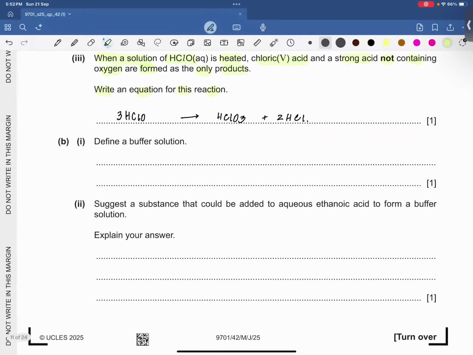Define a buffer solution. Never write that a buffer solution doesn't change the pH. Never, ever write such a statement in the paper.